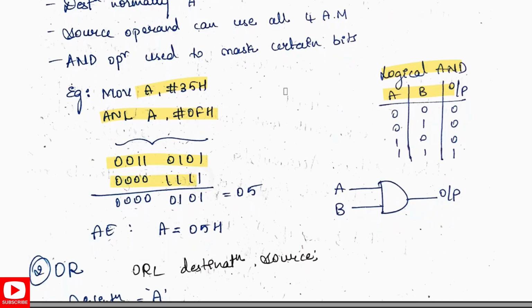After writing that, you AND each bit: 1 and 1 we get 1, then 0 and 1 we get 0, 1 and 1 is 1, 0 and 1 is 0. Similarly 1 and 0 is 0, 1 and 0 is 0, 0 and 0 is 0. So this is my AND.